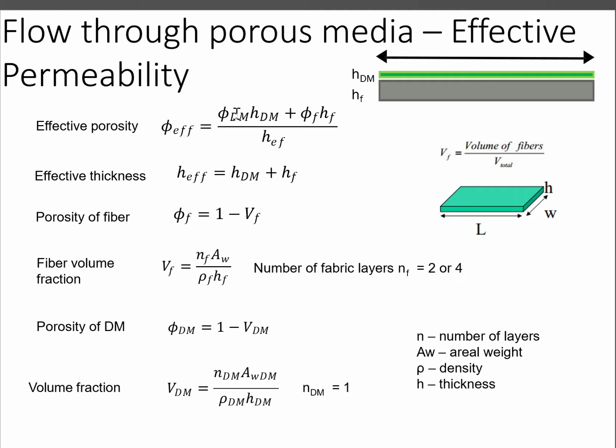The porosity of the distribution media multiplied by the height of this distribution media, plus the porosity of the fiber multiplied by the height of the fiber. The height of the fiber will also be given to you, at least for one layer of fiber. Then depending on the number of layers you are using, you just have to multiply it by the number of layers. The porosity of the fiber and the distribution media will also be given to you. And the effective height is essentially just these two heights added to each other. Okay?